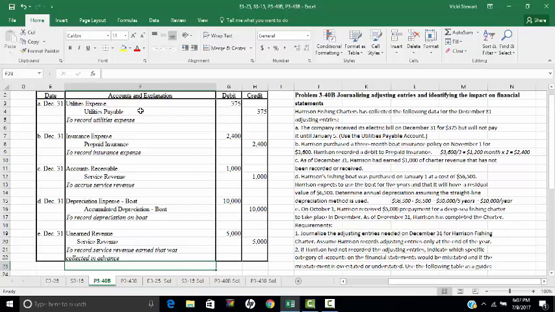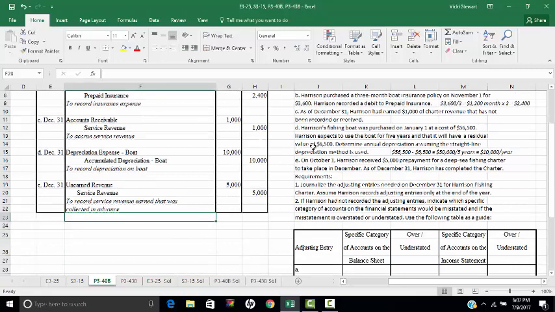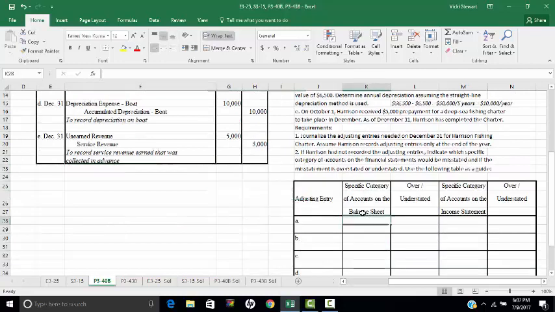But how did that affect equity? Well, if our expenses are understated, that means our equity is overstated. So for this first one, we're going to say liability, and that would actually be understated. The expense would be understated, and equity would have been overstated.